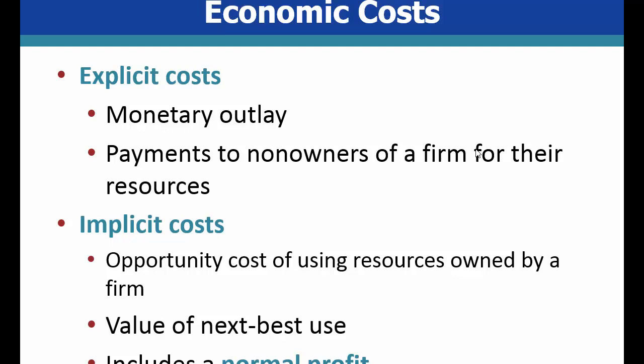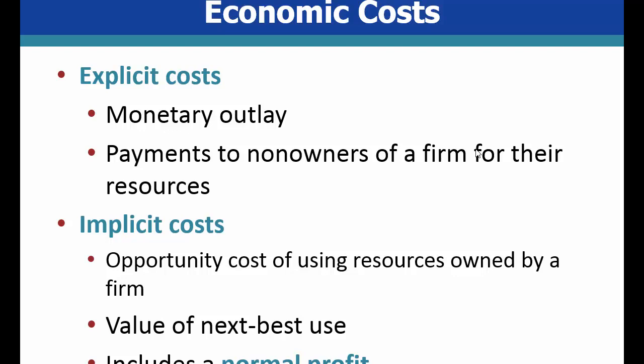But I'm going to take it out and use it to buy inventory and cash registers and equipment for my flower shop. So I'm going to be giving up interest at the bank. So that is going to be another implicit cost. It's something that I could have earned, but I'm not going to be earning.